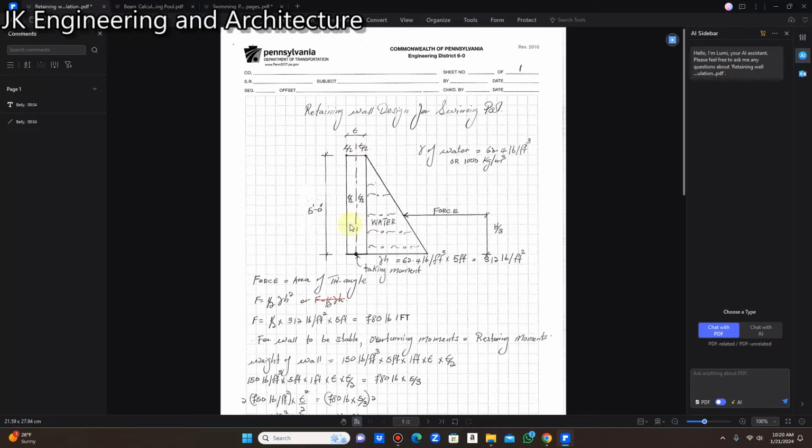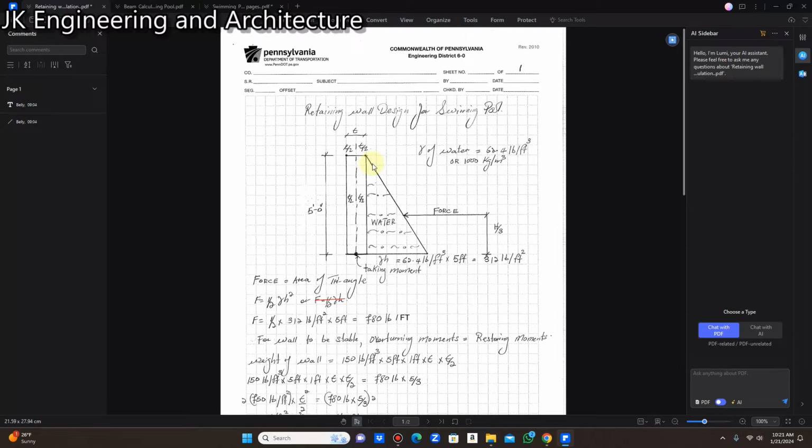Now, when you're designing a retaining wall that retains soil or water, it carries a triangular pressure distribution. The reason it is a triangular pressure distribution is that pressure increases with depth and decreases with height. If you're in water, the further down you submerge a body into the water, the more pressure that body is going to come under.